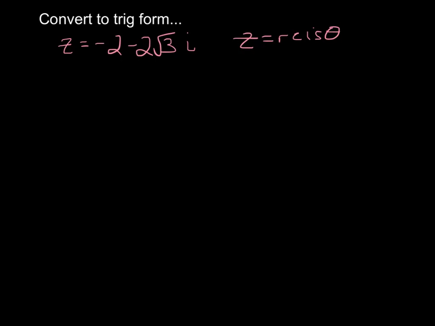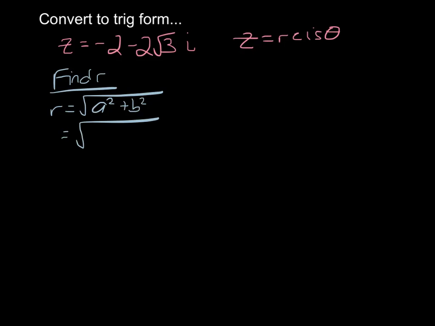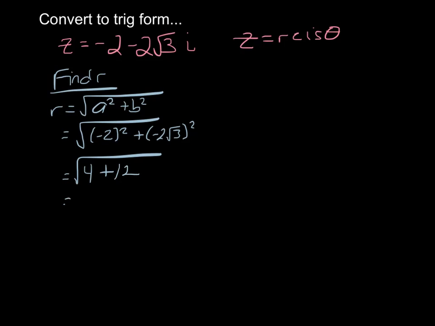So the way we find r is we have this relationship. R is the square root of a squared plus b squared. That's really just the absolute value of our complex number. So -2 squared, we get 4 plus 12, so the radius is 4.